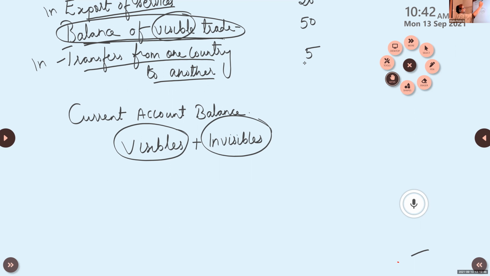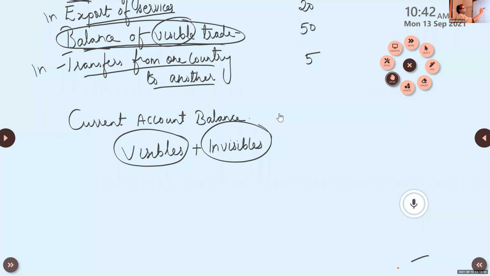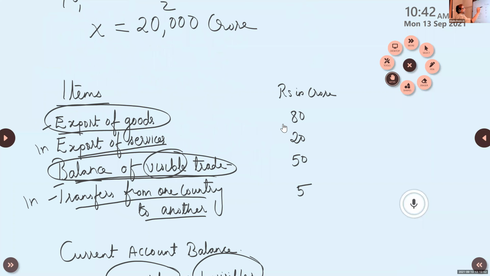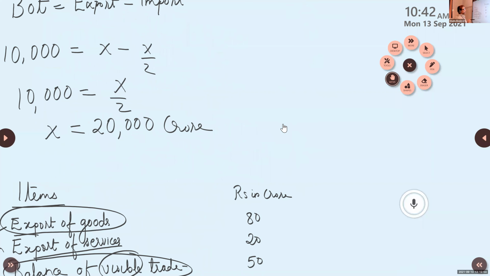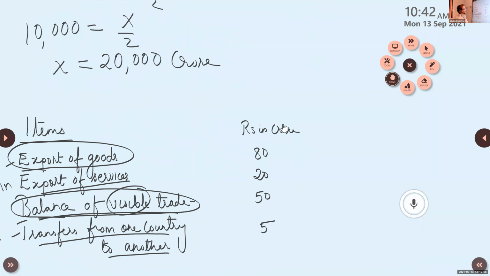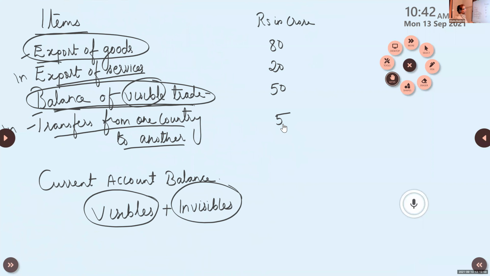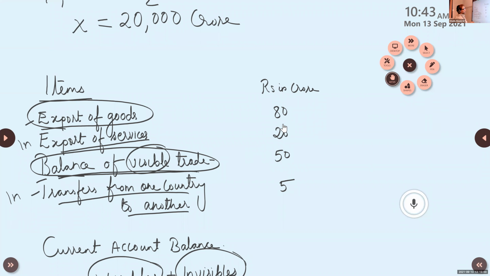They have given the question in crore. So with the answer, please write that unit. If you write simply the answer, you will not get the mark. Sharath, did you post the answer? Ma'am, 1 second, ma'am.